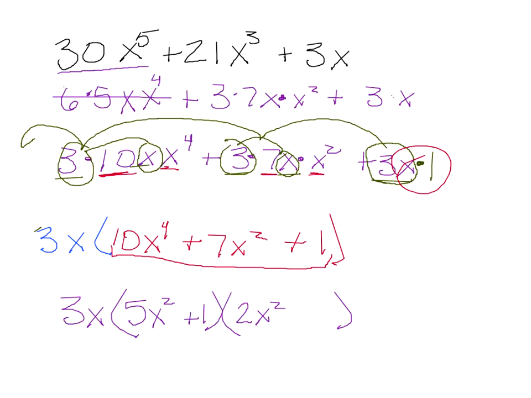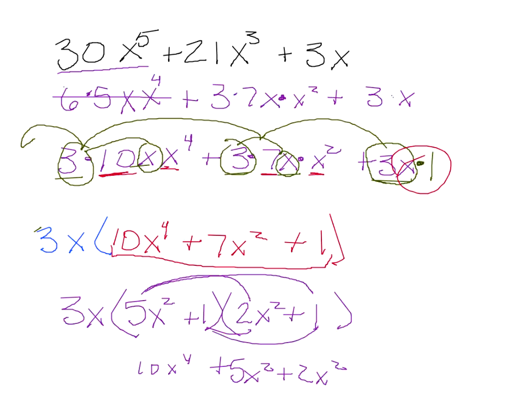And then 1 factors into 1 and 1. So I get 10x to the 4th plus 5x squared plus 2x squared plus 1. And that combines to give me a 7x squared.